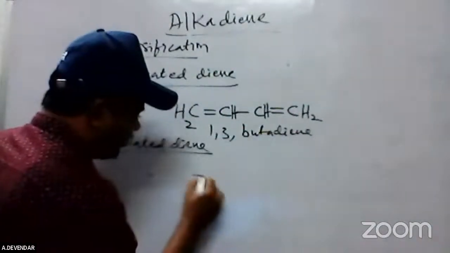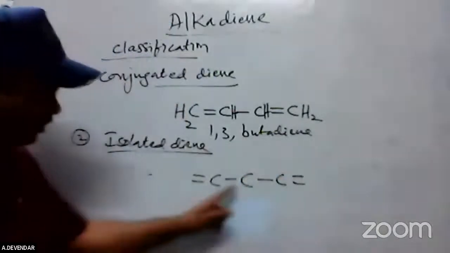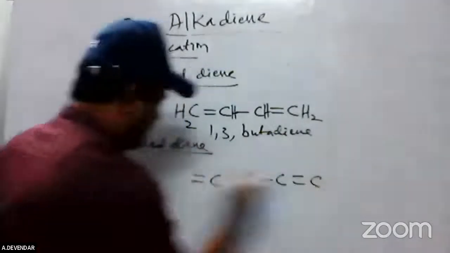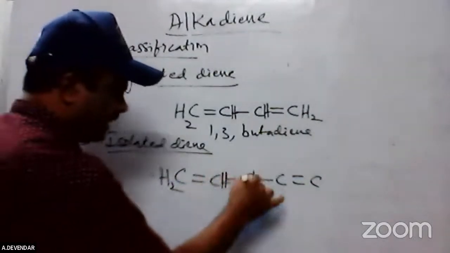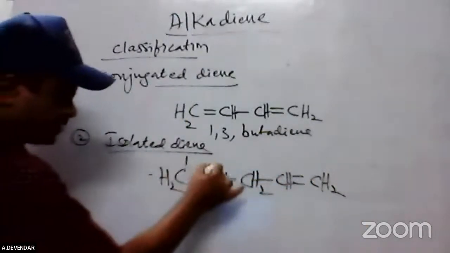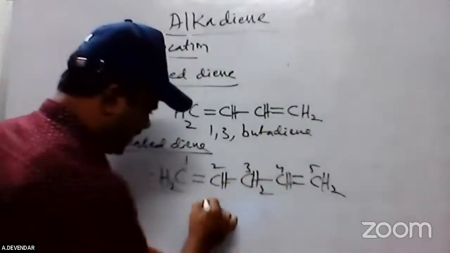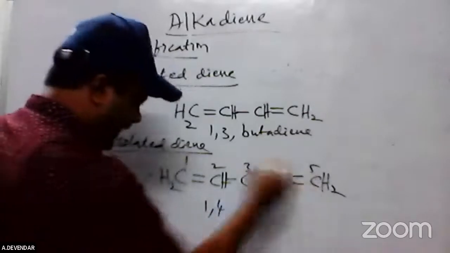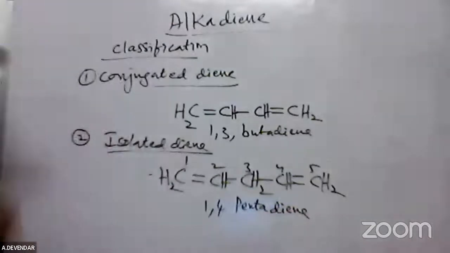Now fill in the bonds: here 2 required, here 1, here 2, here 1, here 2. So carbons 1, 2, 3, 4, 5. The ene is at the first position and at the fourth position. This is 1,4-pentadiene, which comes under isolated diene.